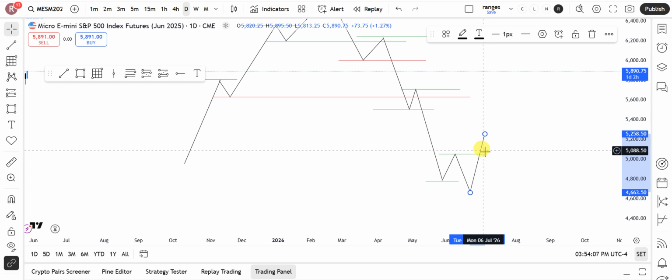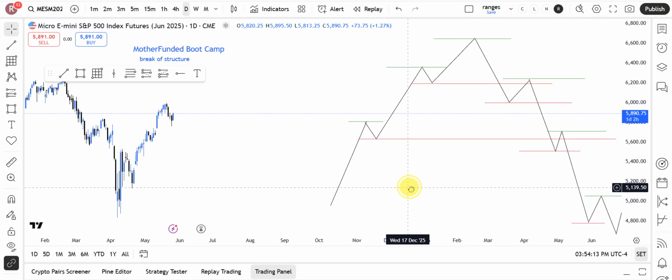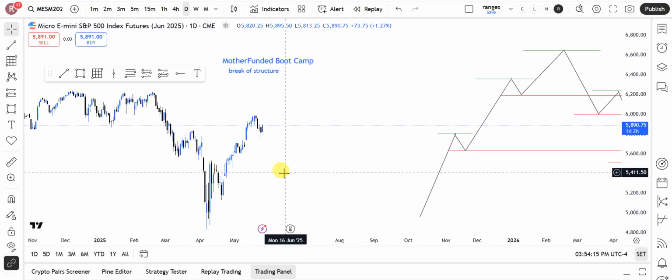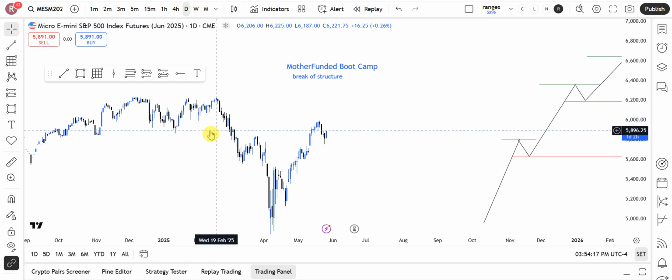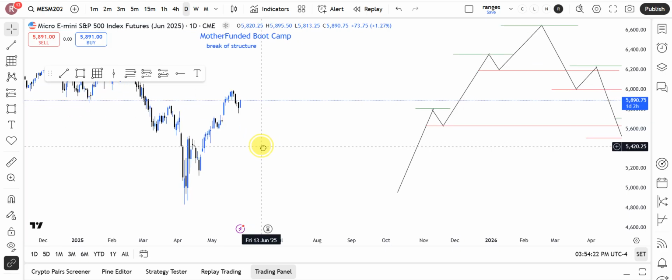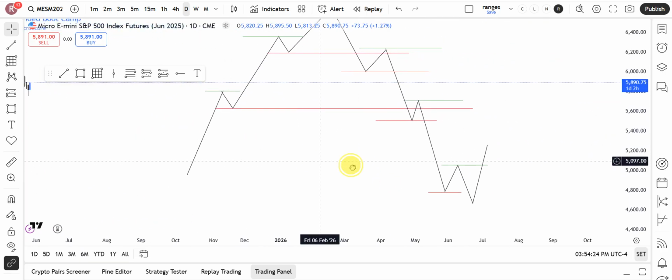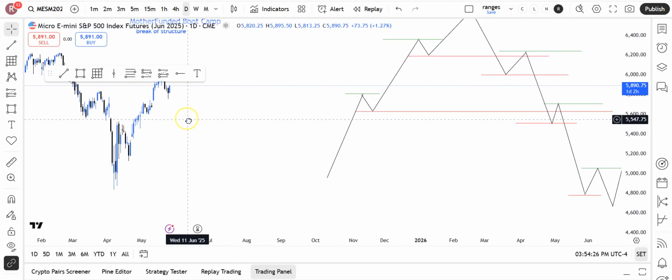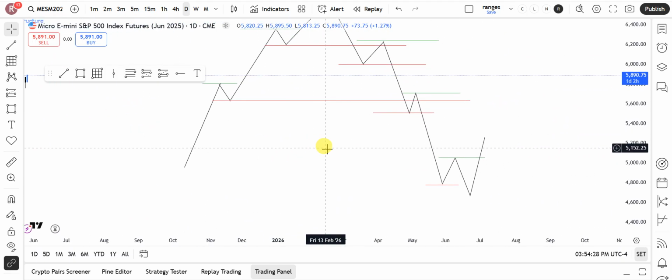I would say the body does have to close above the swing high to validate it, because we can have something like wicks where it's not as strong, unless you have really strong conviction. There's no examples of it right here, but we'll go down into lower time frames and maybe we'll come across what I'm talking about.